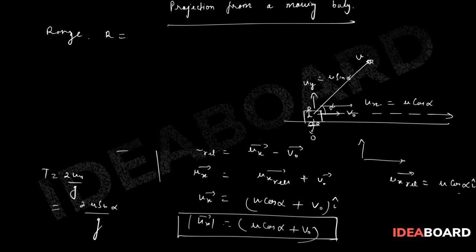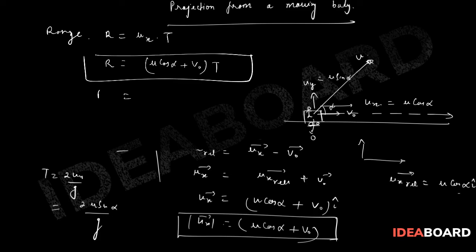So range R is equal to ux into time of flight, and the value of ux this time is u cos alpha plus v naught into capital T, right? So we can substitute this value u cos alpha plus v naught into 2u sin alpha by g. So everything is known in this, v naught is given, so we can calculate the range.